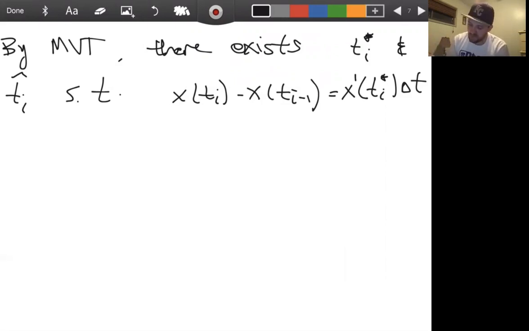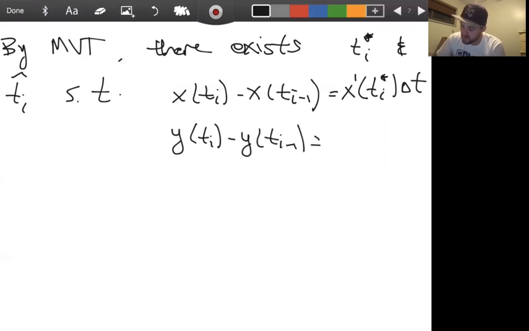And also, by the mean value theorem, there exists this t_i star such that it fits in this way, and also that y of t_i minus y of t_{i-1} is equal to y prime of t_i tilde delta t.